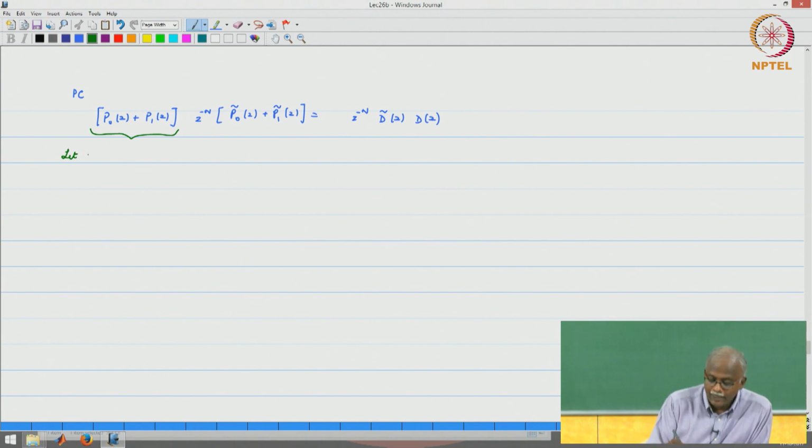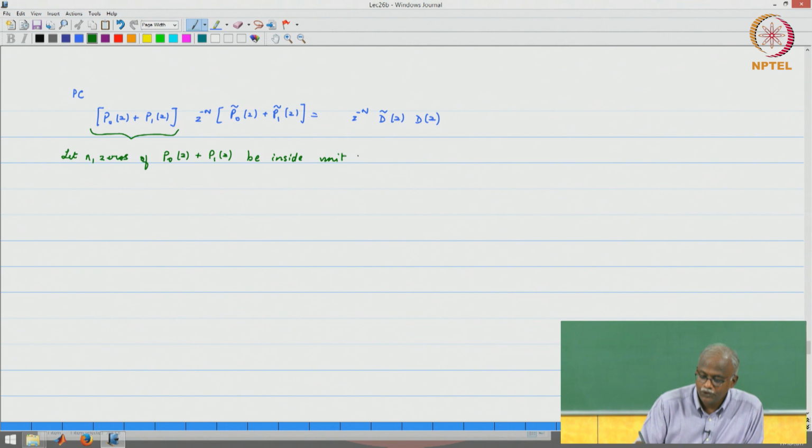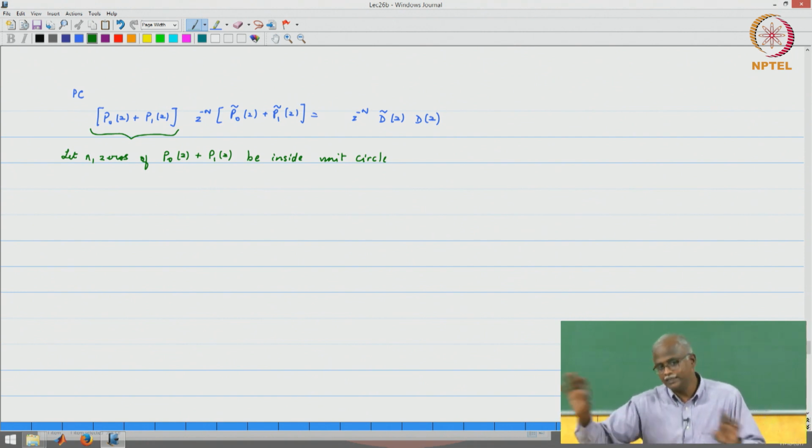So let n1 zeros of P naught of Z plus P1 of Z be inside the unit circle, and the others be outside the unit circle. How can I make that statement? Why not on the unit circle? Because what is there on the left hand side must be on the right hand side, and the right hand side does not have any zeros on the unit circle. It has to be either inside or outside.